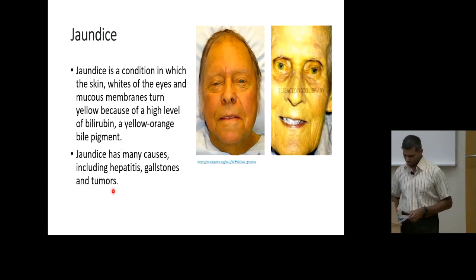Either the liver, where the bile is being produced, may have some problems because of hepatitis, or the gallbladder from which the bile should be secreted out may be blocked because of gallstones, which are blocking the openings, and also tumors, which could cause dysregulation of how bile is being produced.